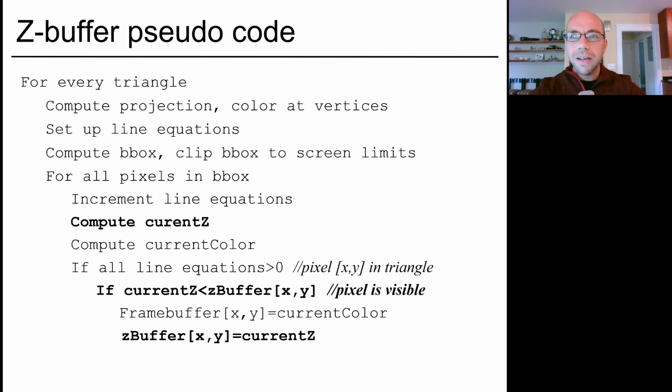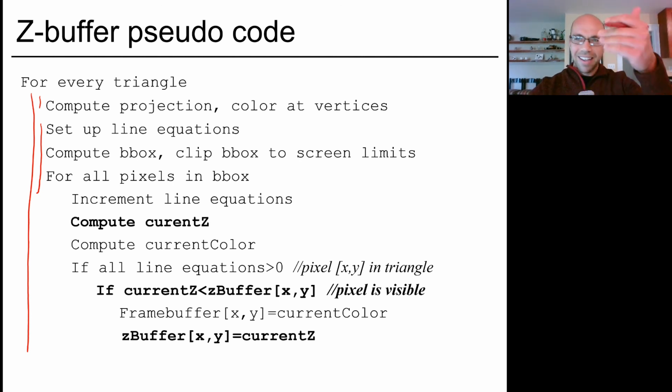Okay, so here's some pseudocode for what a Z buffer looks like. So basically all we're doing here is we keep taking our rasterization code and making it a little bit more complicated. So here, notice that there's still a loop over every triangle. We project every triangle onto the screen. We figure out all the pixels that are visible on the screen except for depth.